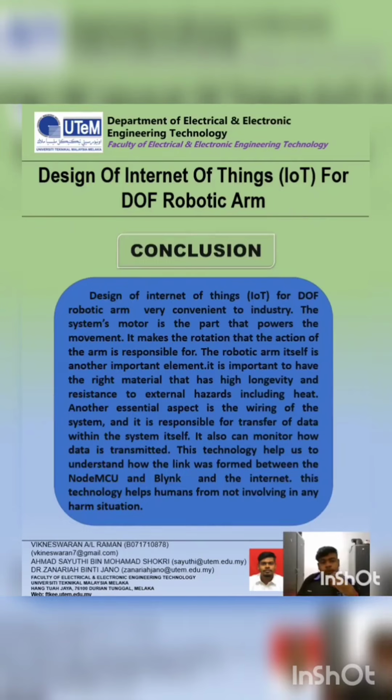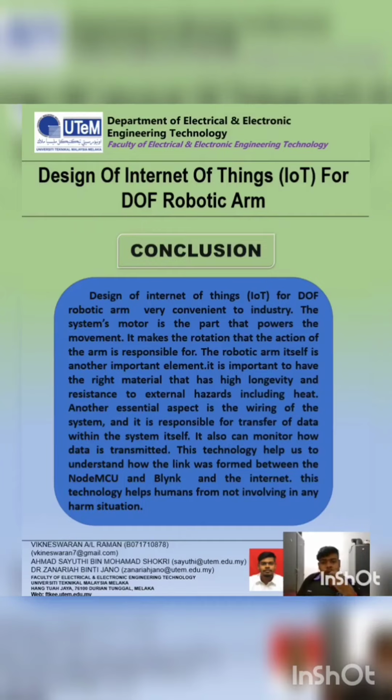So, the conclusion of the project. The design of Internet of Things (IoT) for a DOF robotic arm is very convenient to the industry. The system's motor is the part that powers the movement. It makes the rotation, the action that the robotic arm is responsible for.